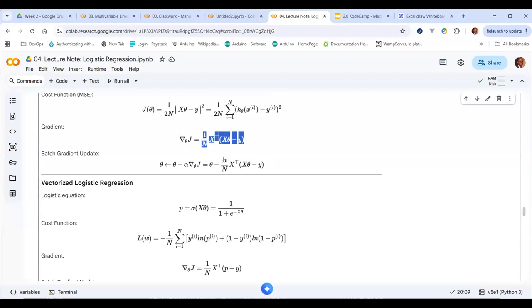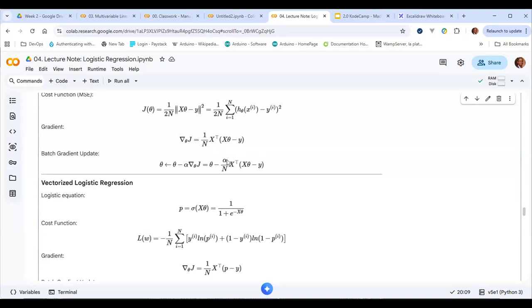Even if there are a million data points, let's say there are 12 features and a million data points, right? There will be 12 parameters and there will be 12 gradients. The number of gradients always match the number of parameters, right? So that's why you need this transpose. It will remove that and then you divide by n. So you get the gradient.